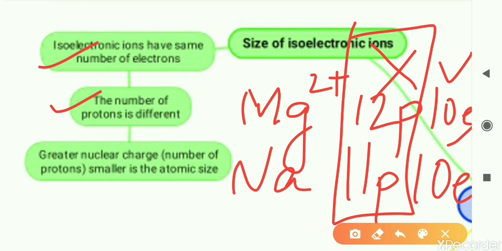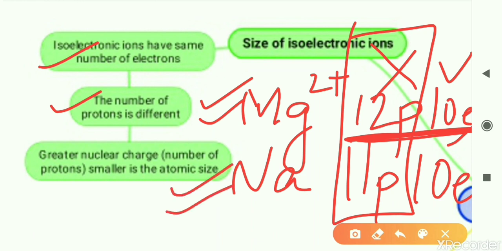Now here, if we compare, in the case of magnesium, 12 protons are attracting 10 electrons. In the case of sodium, 11 protons are attracting 10 electrons. So different numbers of protons are attracting the same number of electrons. As a result, the nuclear pull will be different, and ultimately it will depend upon the nuclear charge.